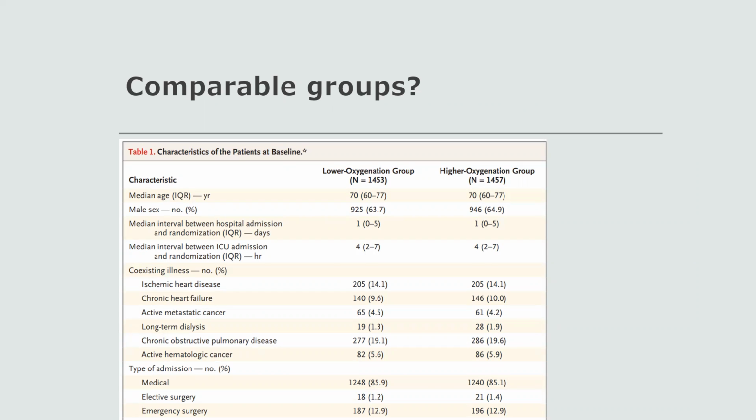It's just an impression. And I think with comparable groups, it is quite comparable.